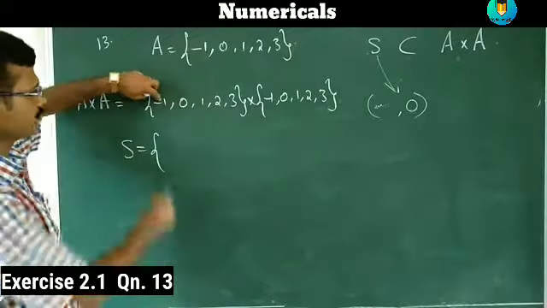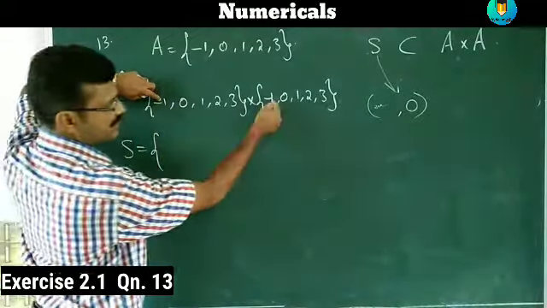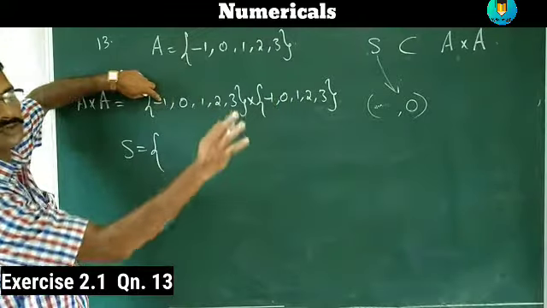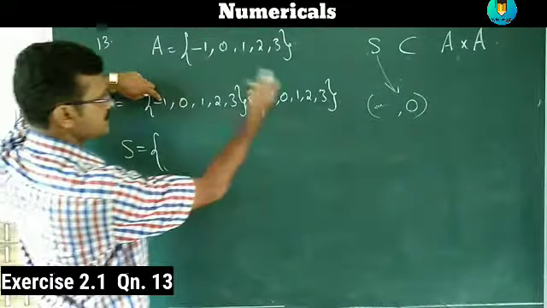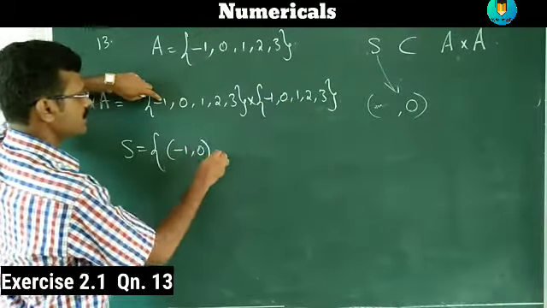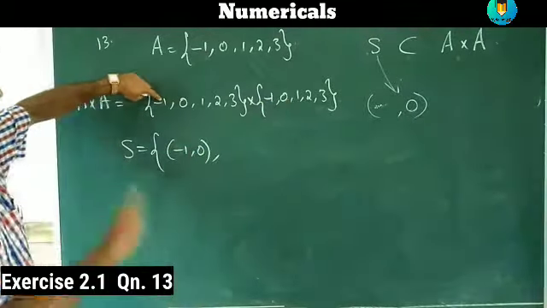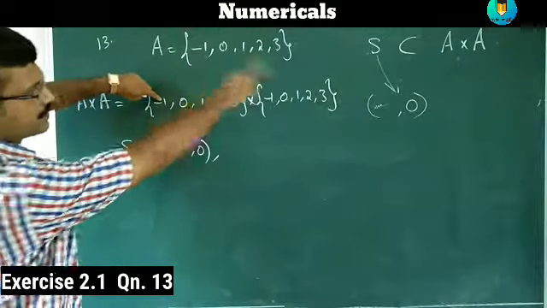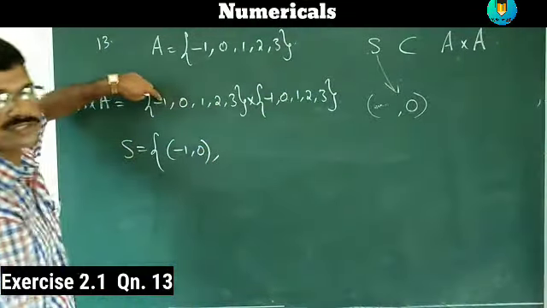With minus 1, the first element is minus 1 but the second component is not 0, but minus 1, 0 is possible. With minus 1 there is no other combination where it is 0.